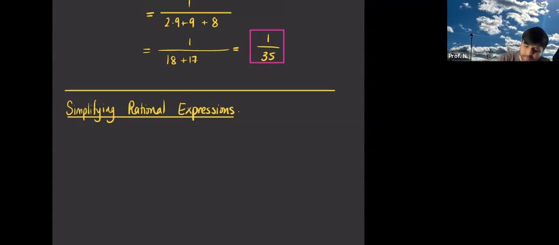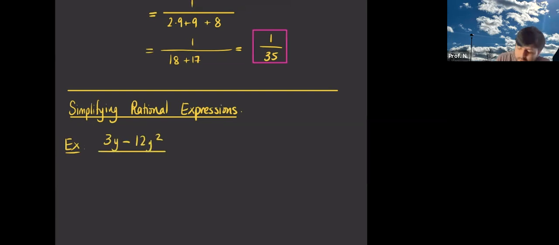What does that mean? If I have an example, again, a rational expression is just a fraction or a ratio of polynomials. So if I have something like 3y minus 12y squared, and all of this is divided by 3y, I want to simplify.